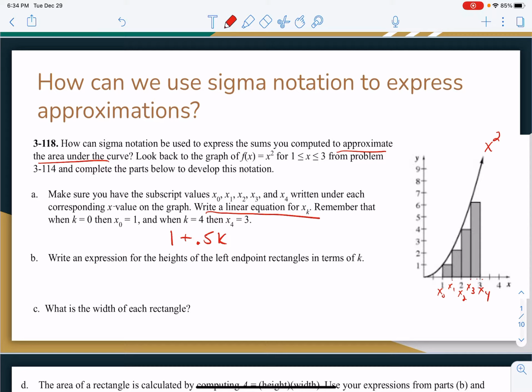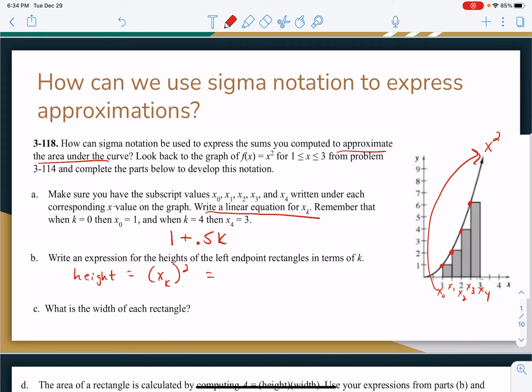Now if I want to write an expression for the heights of each left endpoint, so how am I calculating that height? Remember, I'm plugging x into that function. So if I want to find the height using x sub k, I'm going to square that.